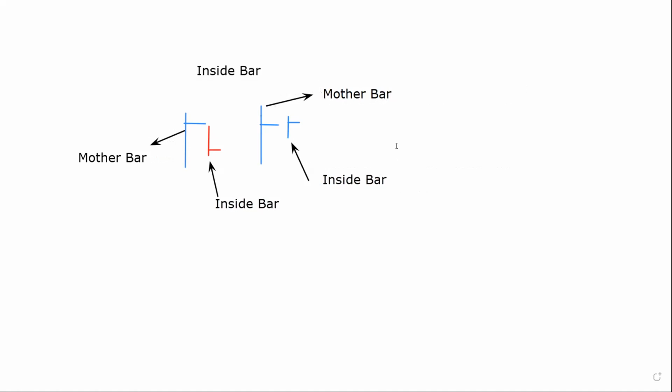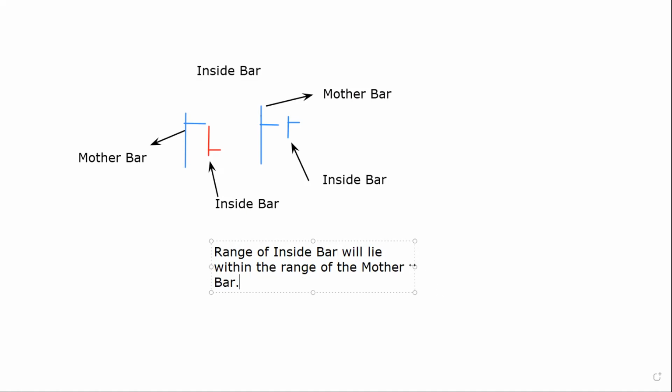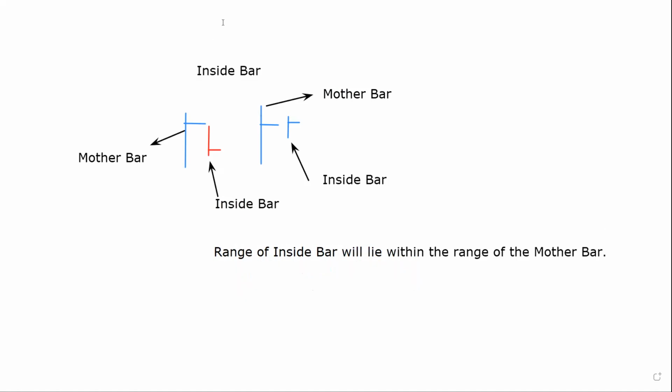So what inside bar actually means is that the range of the inside bar will lie within the range of the mother bar. This is the definition. Now, let's suppose this is the range of the mother bar.